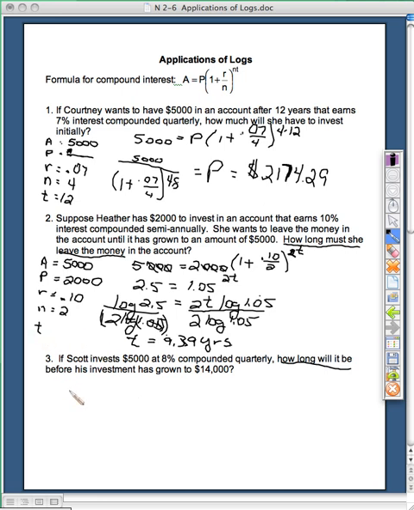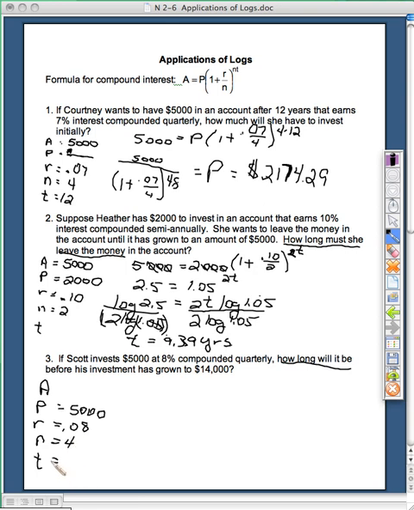All right, next one, same thing. List what you know: A, P, R, N, T. Scott invests $5,000, so that's his principal, at 8%, compounded quarterly, so you have 4 compounds.